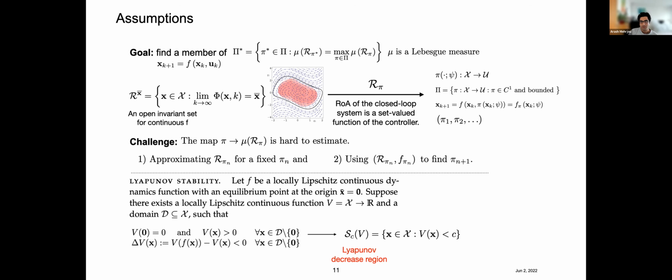But the problem is that if this map is not smooth, or let's say if it's not continuous, then this is a problem for this algorithm. This is an iterative algorithm, and the information of the Lyapunov function and the policy, both types of information, are distilled or encoded in some neural network.